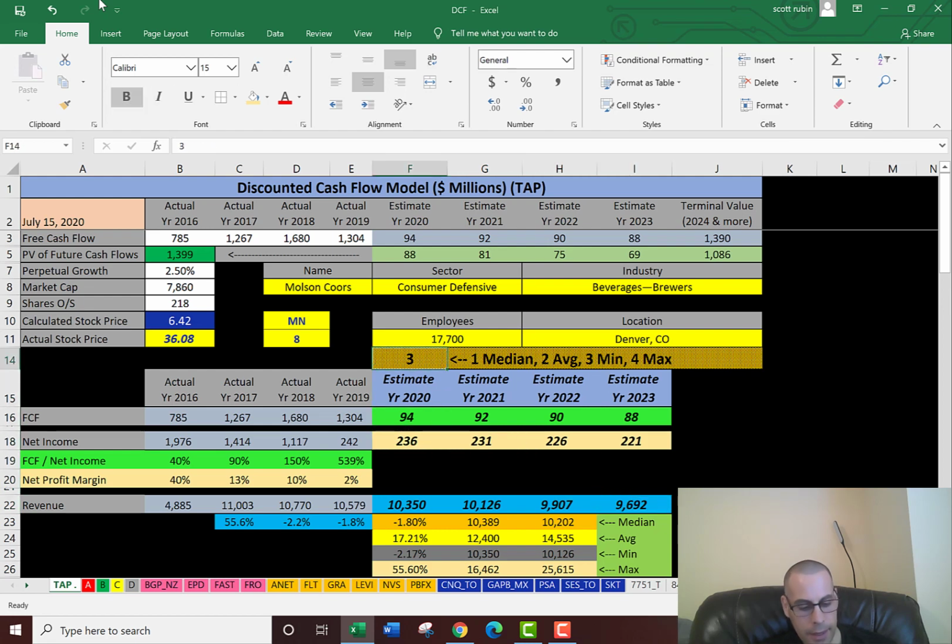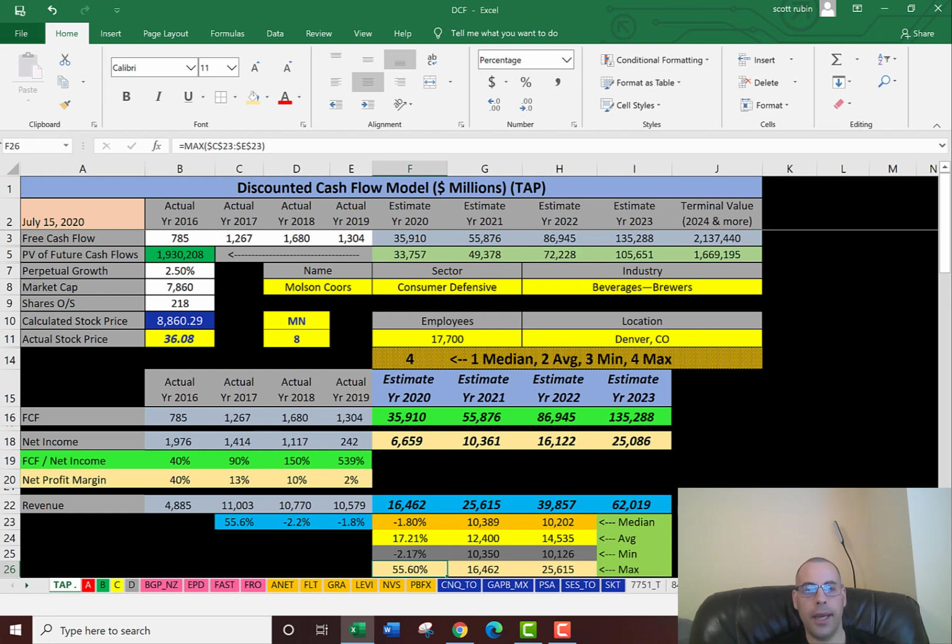If I took the max, the maximum change is 55%. So each year the revenue increases 55%. So you can see the calculated stock price is $8,800. So that means the revenue of 2020 would be 16 billion, 25 billion, 39 billion, 62 billion.